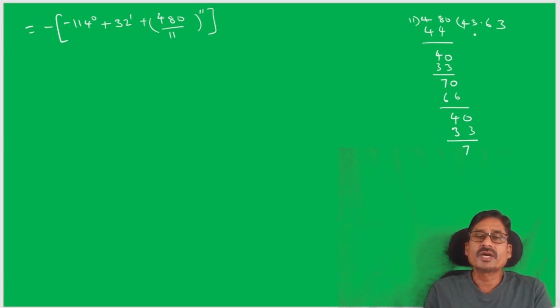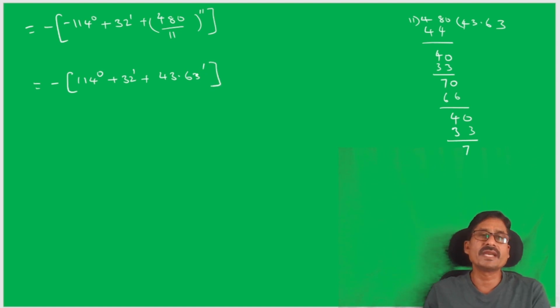So now 43.63 is there. How many seconds are there? Now what do you write? This is minus of 114 degrees plus 32 minutes plus 43.63 seconds.